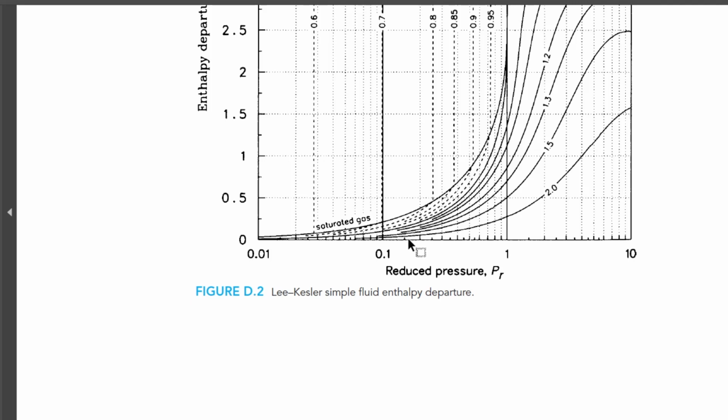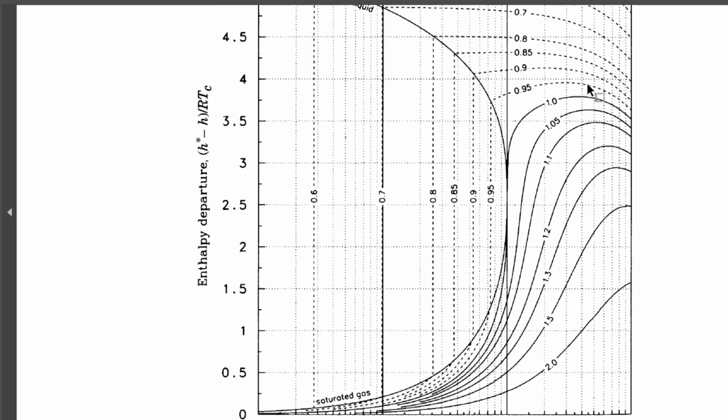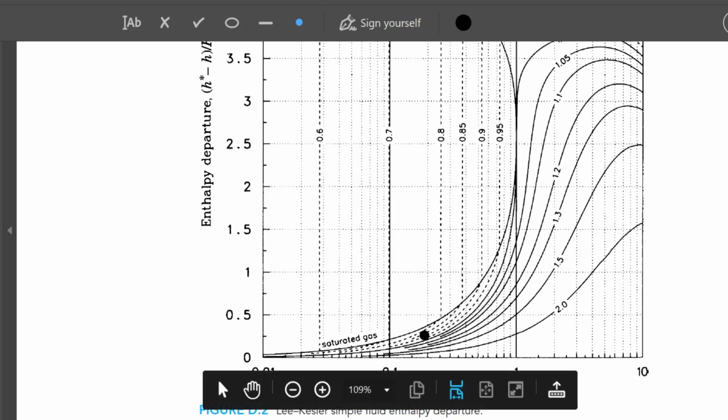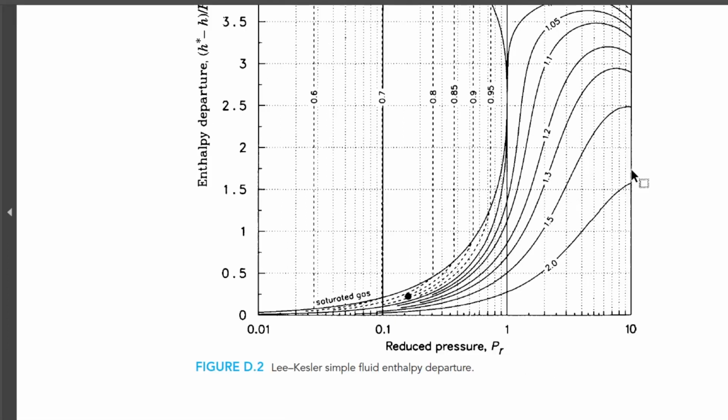Next, our reduced temperature is 0.9. If you take a look at the isotherms, this dotted line here represents the reduced temperature of 0.9. We just have to look for the intersection between 0.9 and 0.16. They intersect somewhere here. Let's try to read the value of our enthalpy departure.